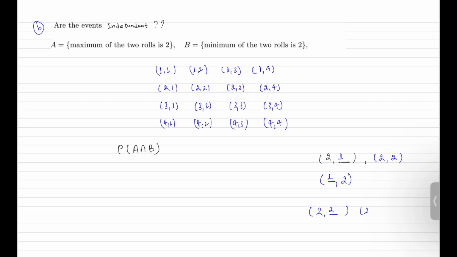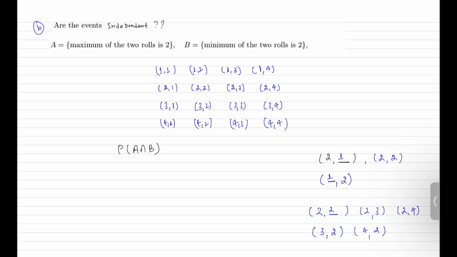So 2 has to be there, because only if one of the elements is 2 can we get 2 as the minimum, right? That means 2 will be here, and for it to be the minimum, the element on the other side has to be greater than 2, right? So 2 3 and 2 4. Similarly, 2 can also be in this position, so we can have 2 2, but 2 2 we have already considered. Here we can have 3, and also here 2 and here 4, right? So these are the elements that are favoring the event B.